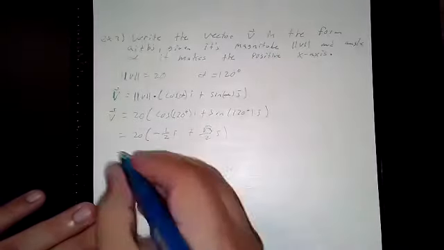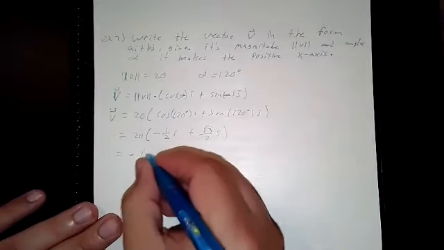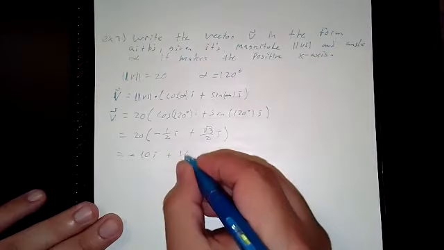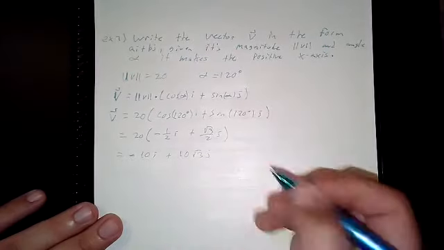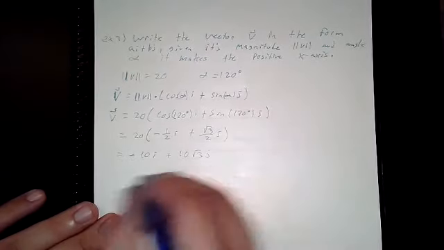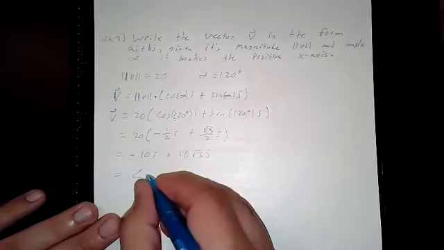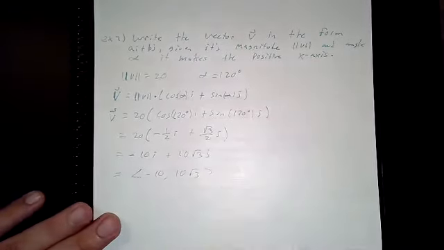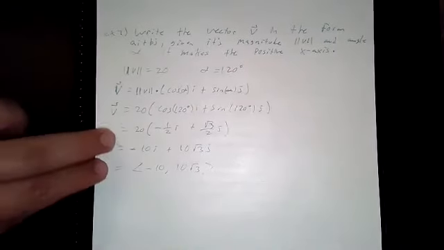So that gives us negative 10i plus 10 root 3 j, which in vector form would be negative 10, comma 10 root 3. But either of these is fine.